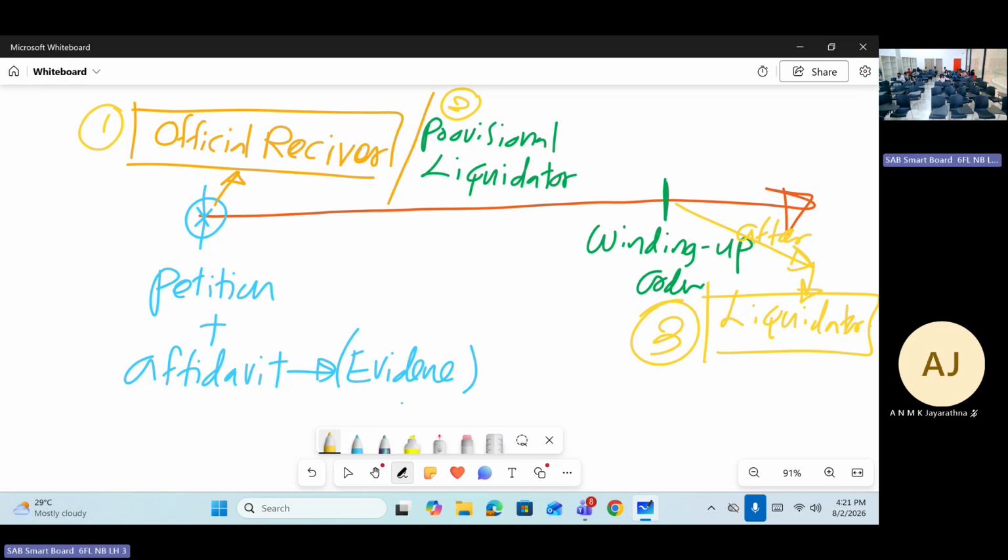Then another very important concept we have to consider, that is the effective date of winding up order.